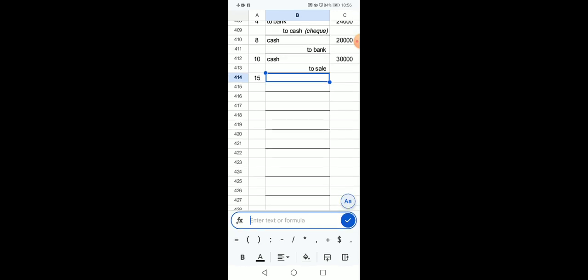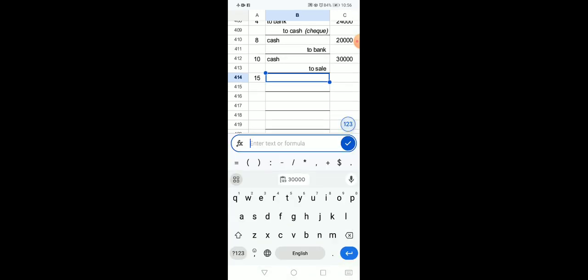When you are buying goods, it means goods are coming in. Goods are your asset. When you are buying, it means the asset is increasing. Increase in asset should be mentioned on the debit side. So you were supposed to write goods over here on the debit side. But as we have an understanding that we do not write goods in accounting, we write the working in place of goods. In this transaction, what working are we doing? We are buying.